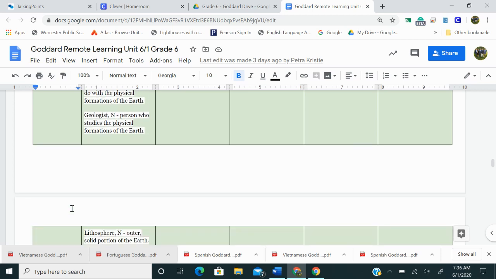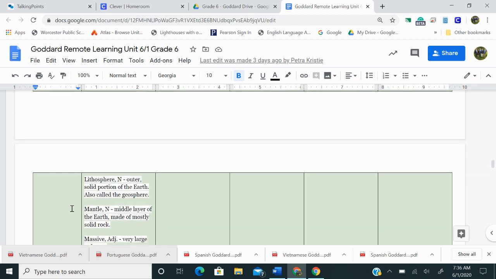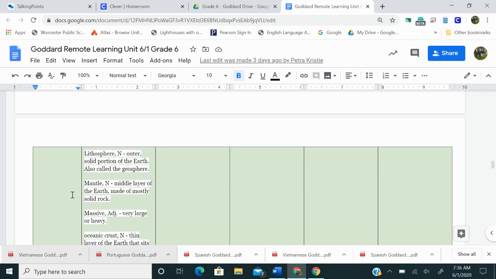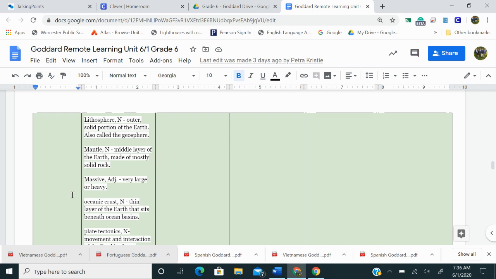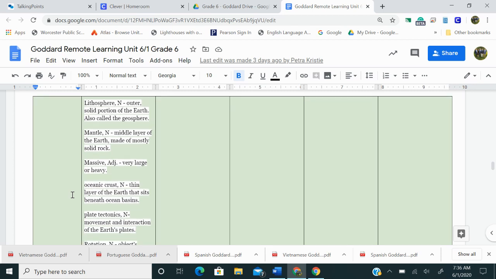So learning some cool stuff in science this week. The lithosphere is the outer solid portion of the Earth, also called the geosphere. The mantle is the middle layer of the Earth, made of mostly solid rock. Massive means very large or heavy. Oceanic crust is a thin layer of the Earth that sits beneath ocean basins.